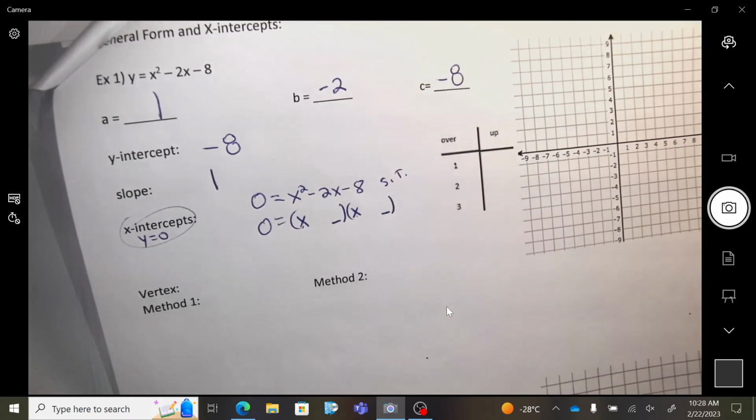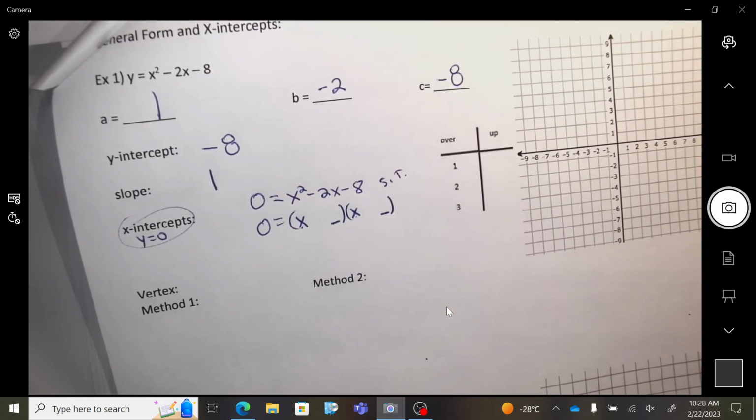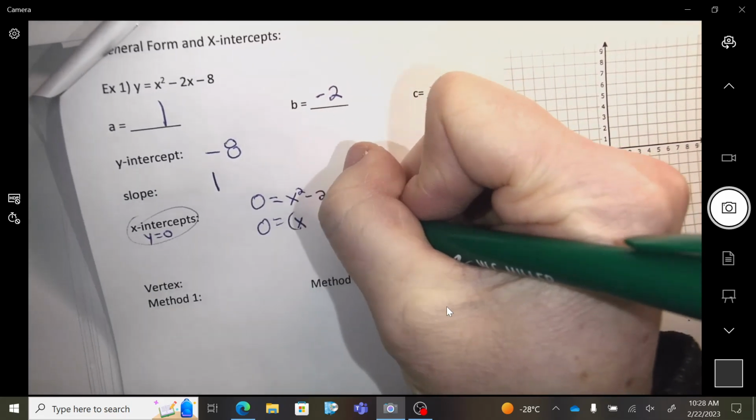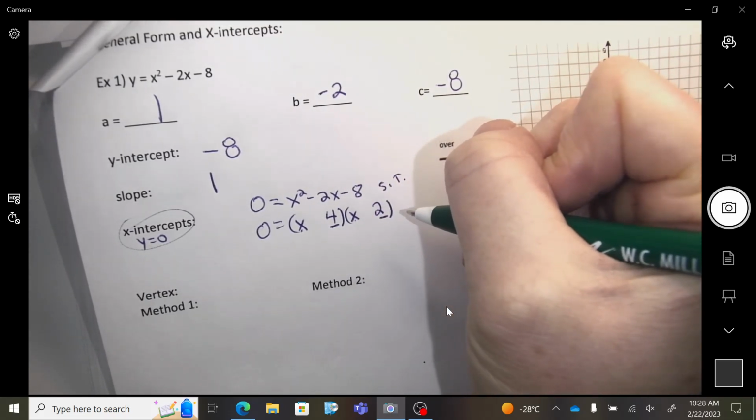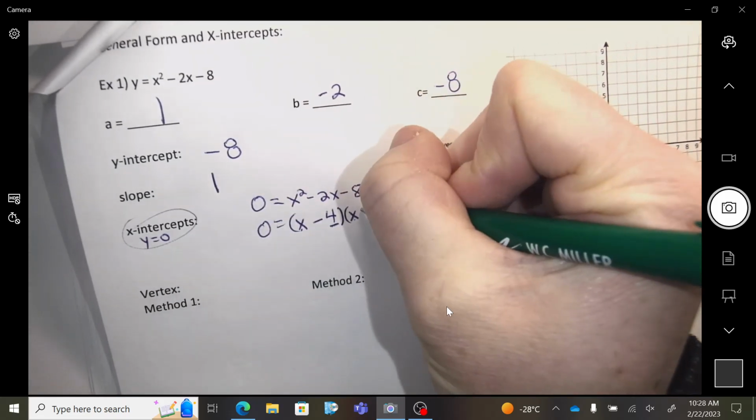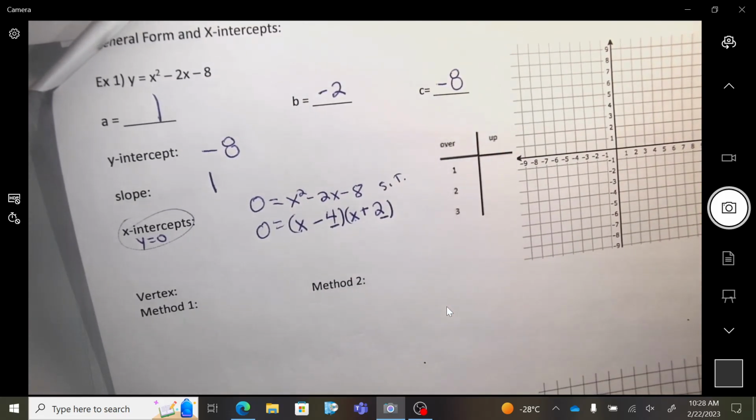At the same time, they needed to add to the middle. So what numbers multiply to -8? 2 and 4. And one of them is negative. Which one should be negative to produce the -2 in the middle? Remember that? Kind of all coming back?